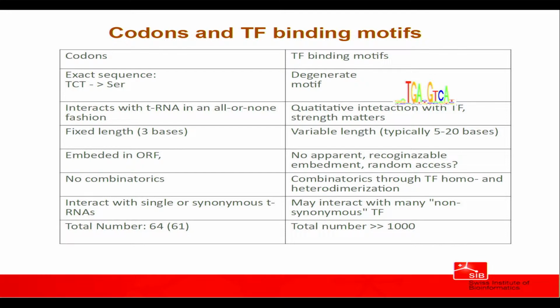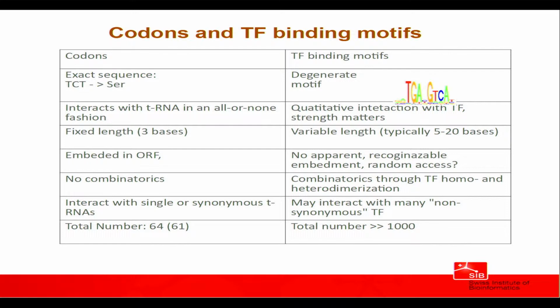Now, a comparison between codons and transcription factor binding sites. A codon is an exact sequence. The TF binding motif is a degenerate motif. The codons interact with tRNAs, and the DNA motifs interact with transcription factors.